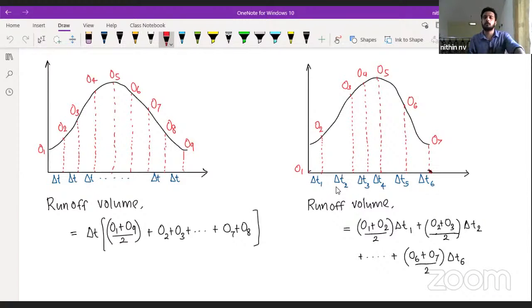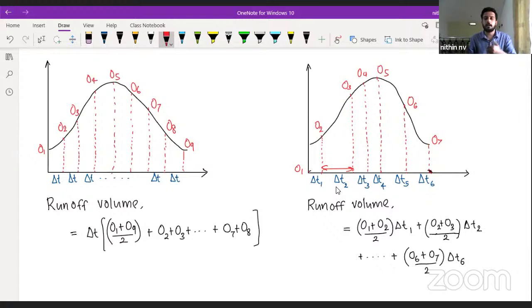First you look at the second figure. If they are giving different time intervals, T1, then the second time interval T2, then T3, not exactly 1 hour, 1 hour, 1 hour. It may be 1 hour, then 2 hours, then again 1 hour, then 3 hours. This is how you have to calculate the area under the curve.